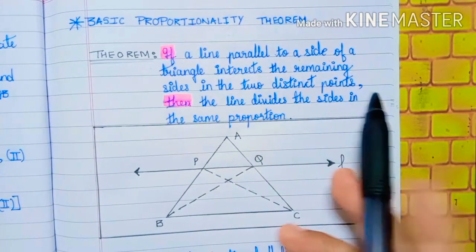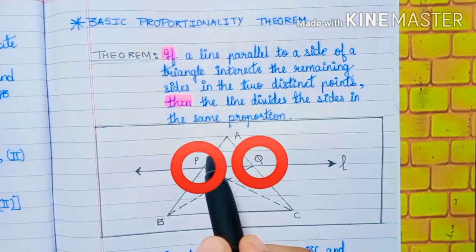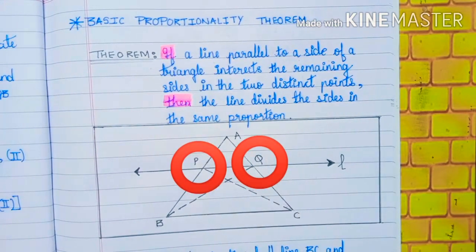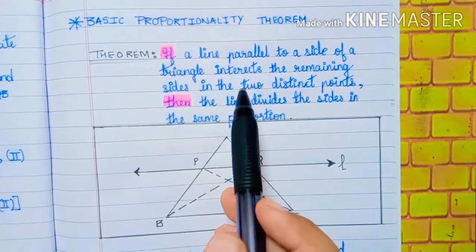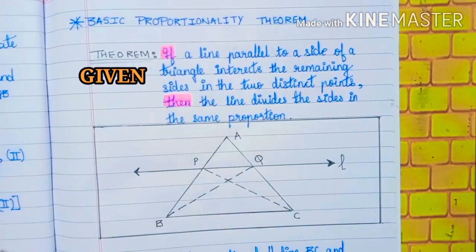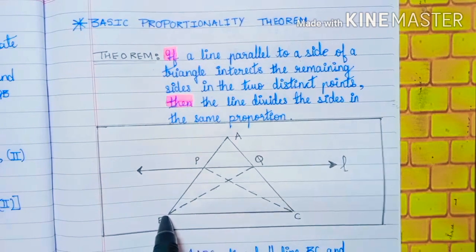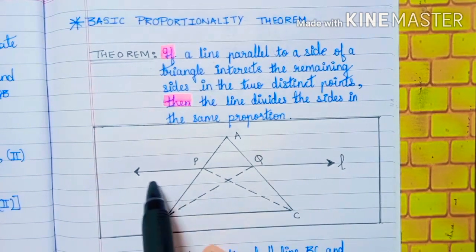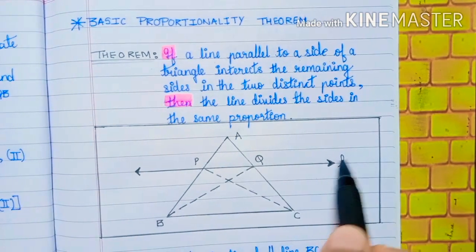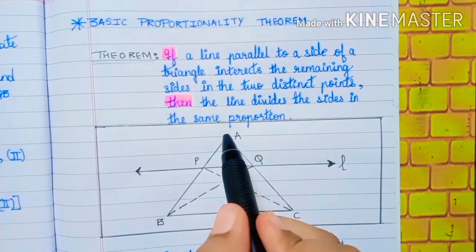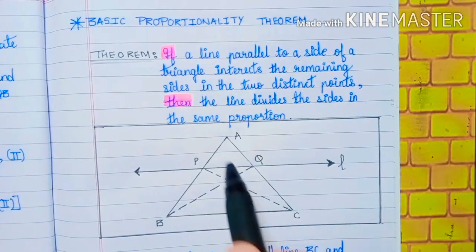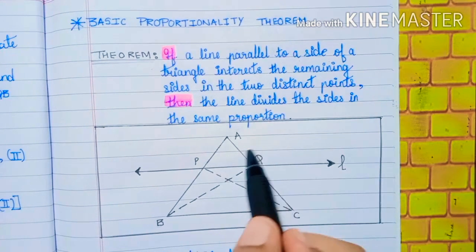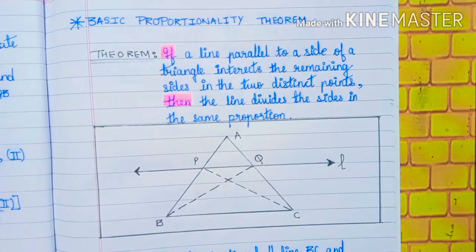Two distinct points are P and Q. This is the given part. So what we will be writing in the given part? Line L is parallel to side BC and line L intersects side AB and AC at two distinct points P and Q respectively. Okay, so we are done with the given part.